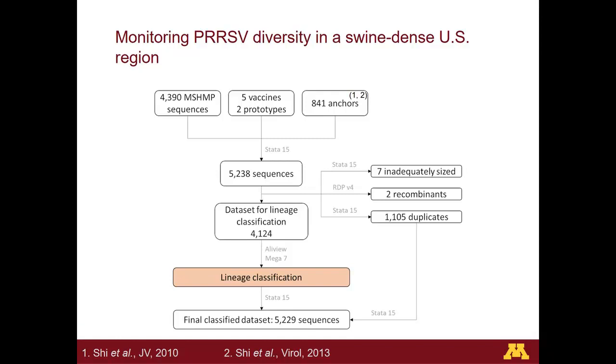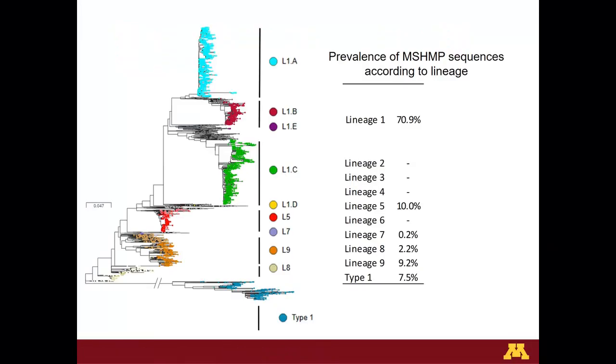Those were the sequences that the author, she, used to create this lineage classification back in 2010. I obtained those anchor sequences to be able to classify the MSHMP sequences according to those lineages. I did some data cleaning steps, and in the end I was able to classify my 4,000 and something quote-unquote survivor sequences into lineages.